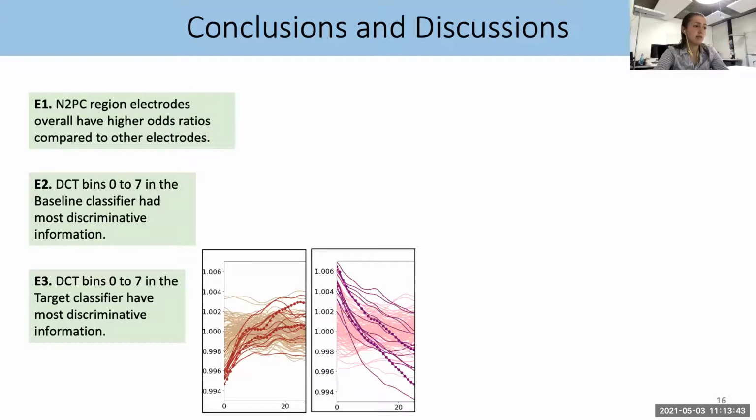And additionally, the same applies for the target classifier. And these are all things that we expected because the DCT bins 0 to 7 correlate to frequencies that are previously known in attention to be related to selective attention. So these features should actually be of higher importance for attention signals.